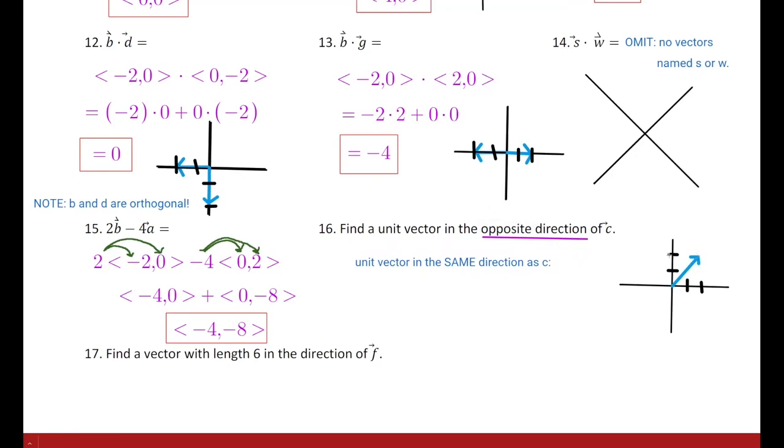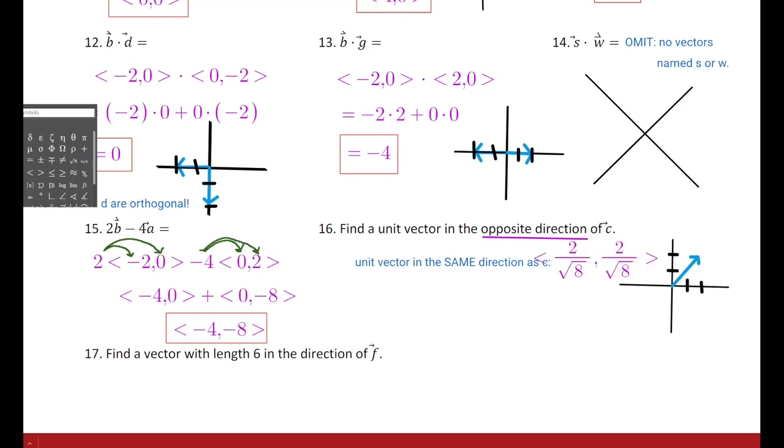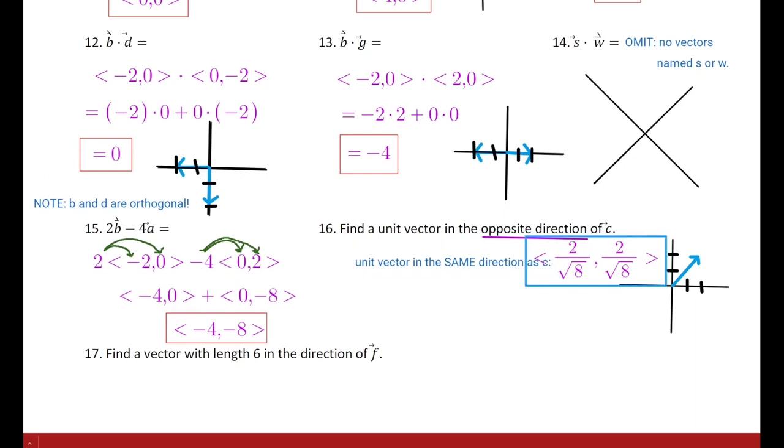So we're taking the length of the vector and then just dividing each component by it. It's good to know about simplifying, rationalizing the denominator and simplifying the radical, but it's really not that necessary. So anyway, this is the vector that is going in the same direction. If you want one that's going in the opposite direction, we need to multiply all of this by negative 1.